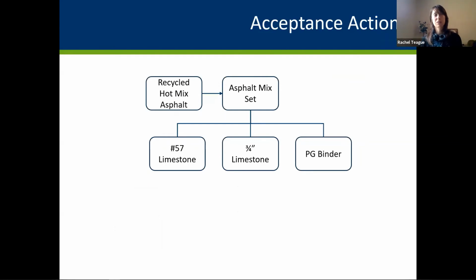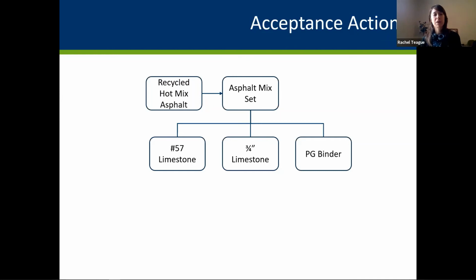Bringing that all onto my contract, I have an item, my recycled hot mix asphalt, and my item has a material set, which is my asphalt mix set. And then on that set, I have these materials and maybe many more, but at least these materials.